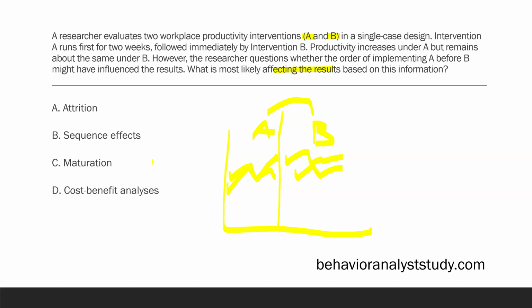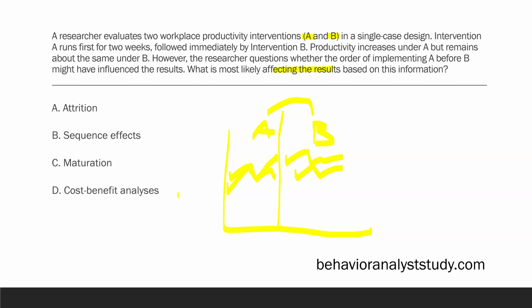C, maturation. Maturation has to do with our participants growing or getting older or learning as they just naturally, as time passes. We're not worried about maturation of our participants given this information. We're worried about the sequence of the conditions that were presented.